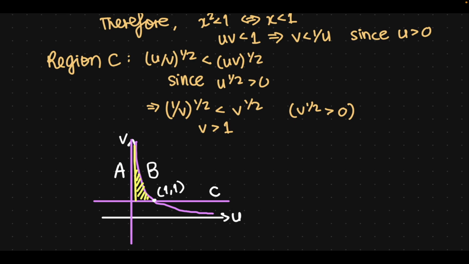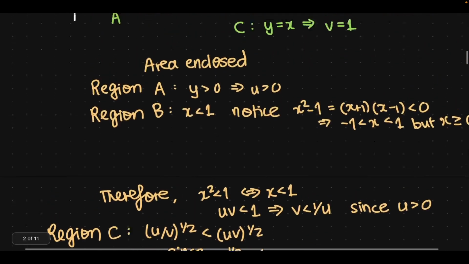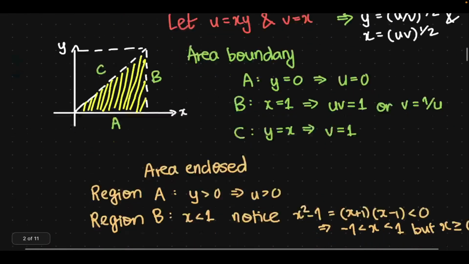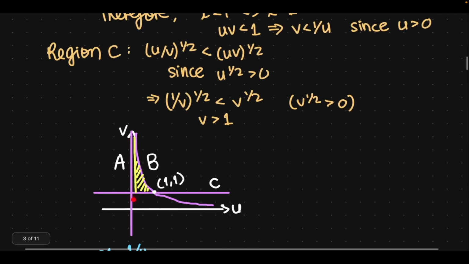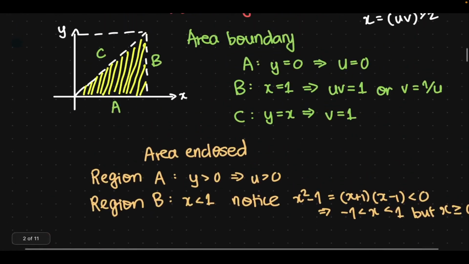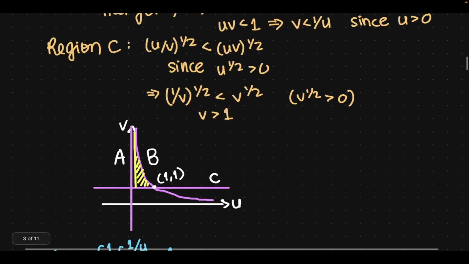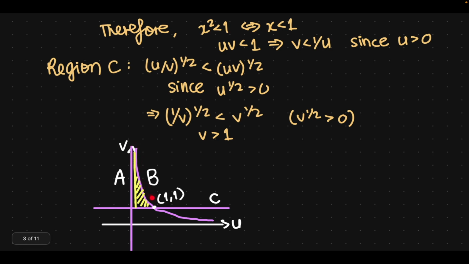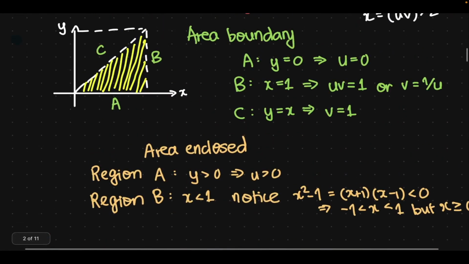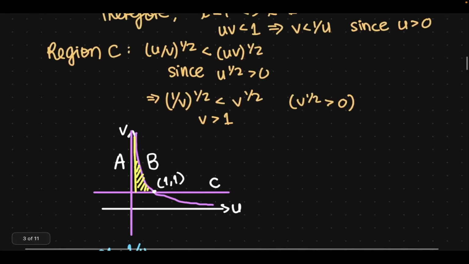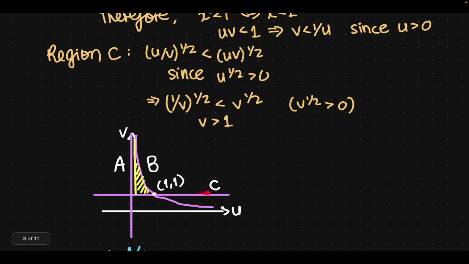Line A was u equals 0, which is this vertical line here. Line B was v equals 1 over u. So that's going to be a falling 1 over u, a reciprocal function here, like this. And then C was v equals 1, which is going to be this horizontal line, like this.